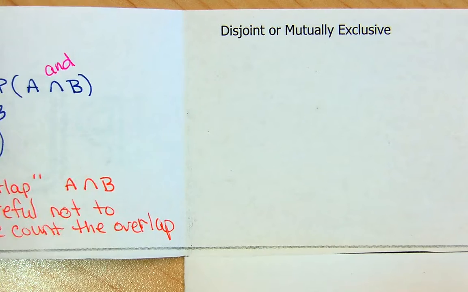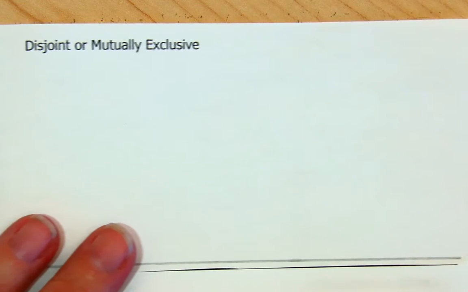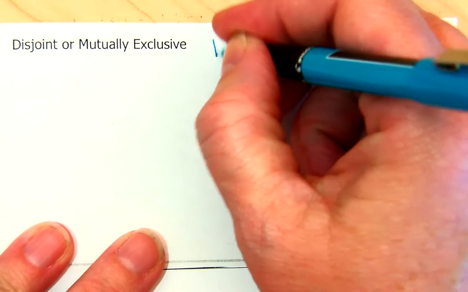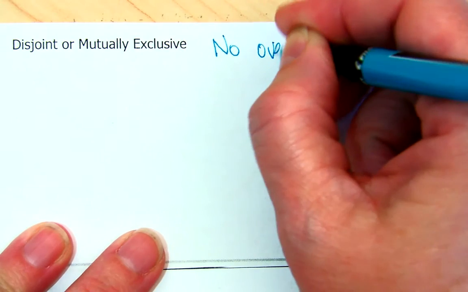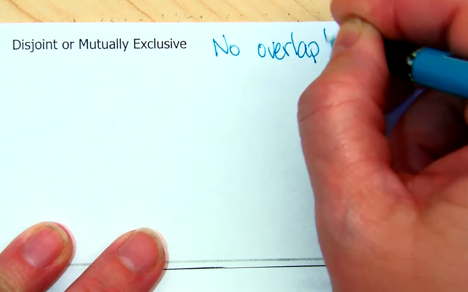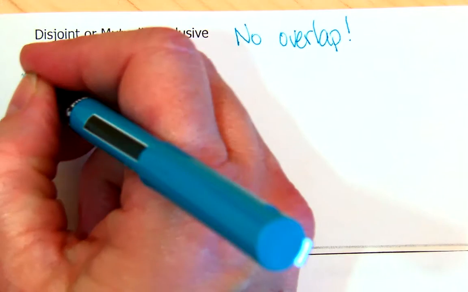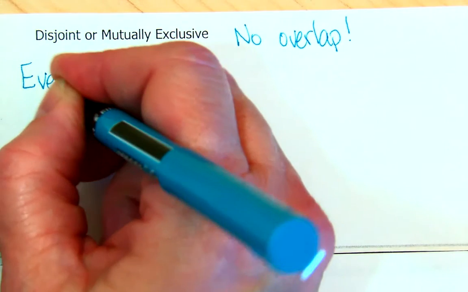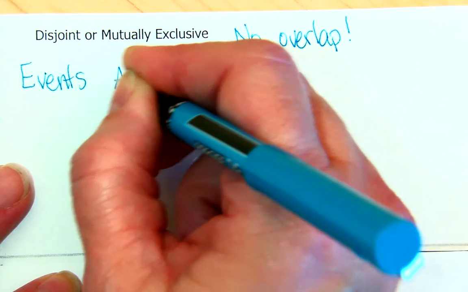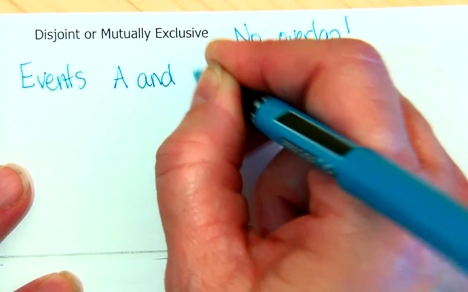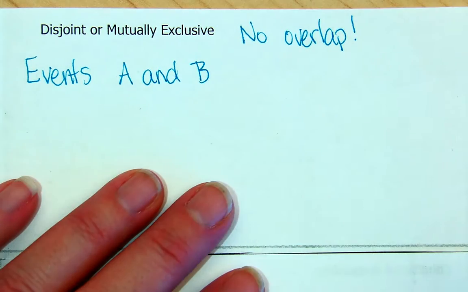Over here on the disjoint or mutually exclusive, this is where there is no overlap. So that just means events A and B cannot occur together.